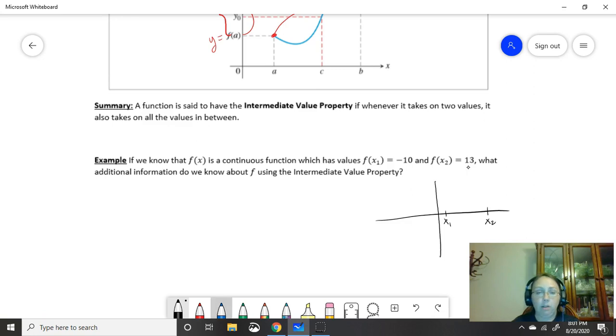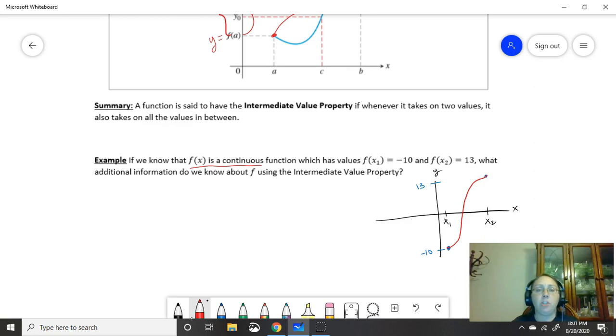At x1, our function value is -10, so it's somewhere down here at -10. At x2, we have positive 13, so we're somewhere up here at 13. This is the y-axis and the x-axis. Now, if we know that f of x is continuous, that means these 2 points have to be connected by one continuous curve.